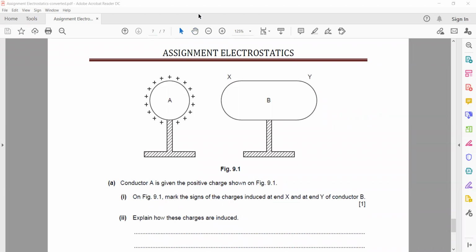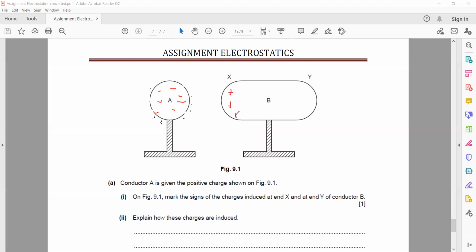For example, if I bring a negative charged rod, a negative charged sphere, what will be the charge at X? The charge at X will be positive.